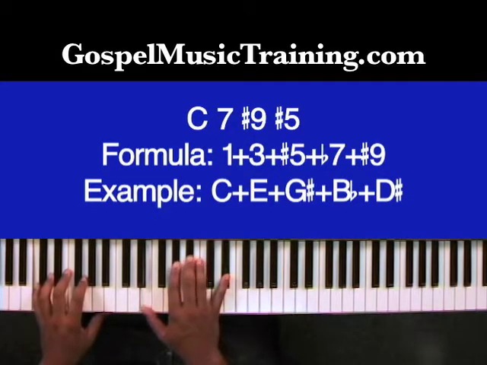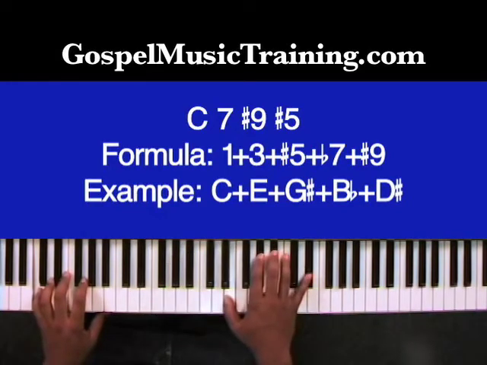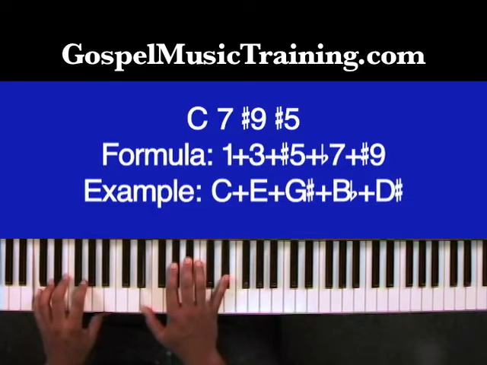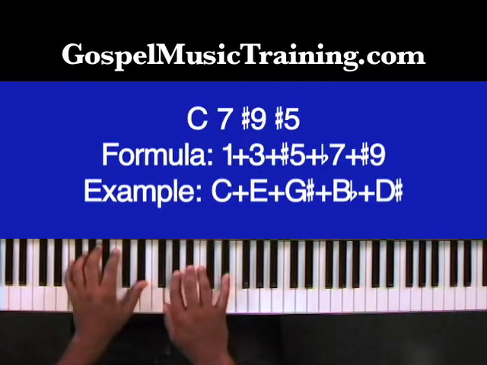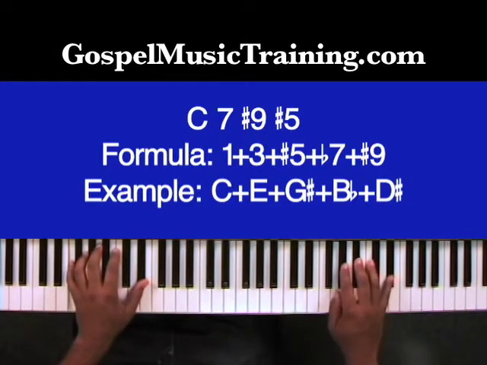I know some people are like, you're using flats and sharps, but technically, you know, that's how it is because we said we're sharpening the 5 and we're sharpening the 9. So that's how it is. And this is a common chord progression used in various keys to actually go to different minor chords. Like if you were in the key of A flat and you were going to F minor, that would be a nice chord to use.